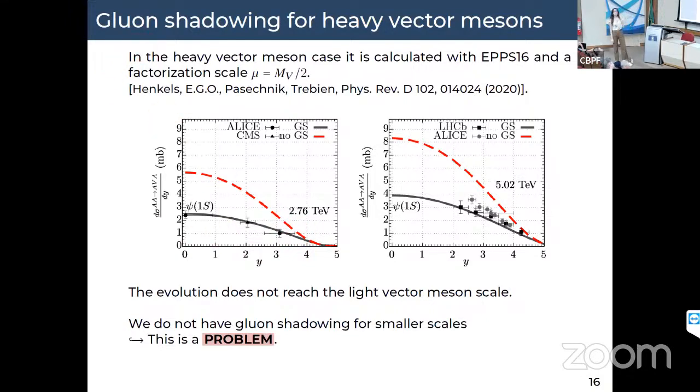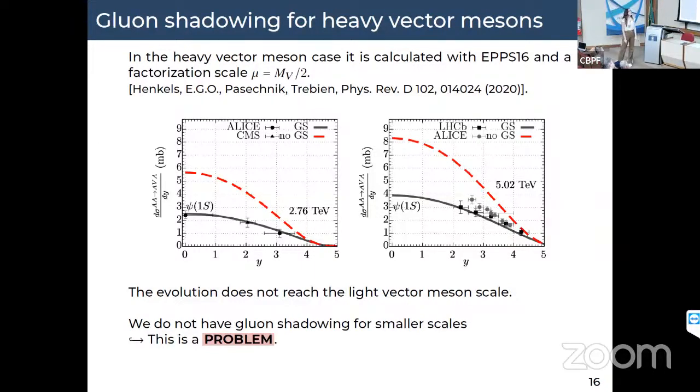However, when we consider light vector mesons, we don't have an x scale that is small enough to be used in this case, because the PDFs are calculated with fits of the F2 structure function and they are evolved with the DGLAP equation. So the collaborations currently just have distributions for scales higher than the mass of the charm, that is 1.3 GeV. So we have a problem.